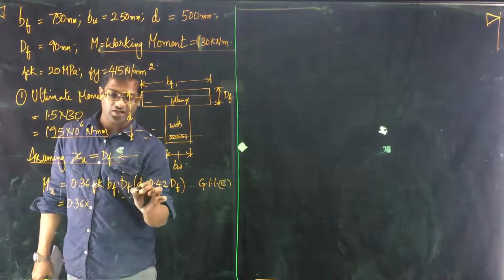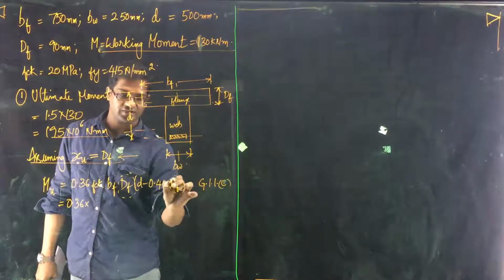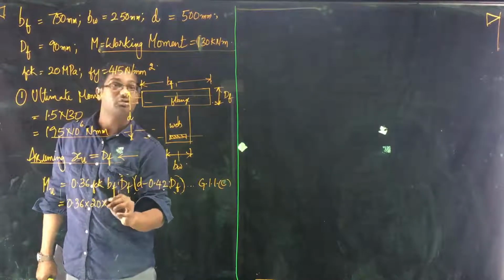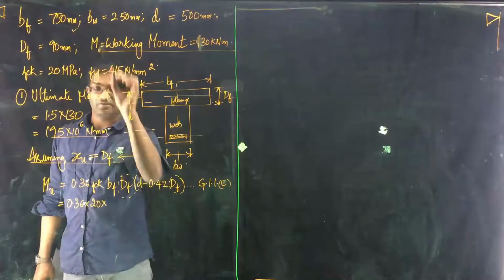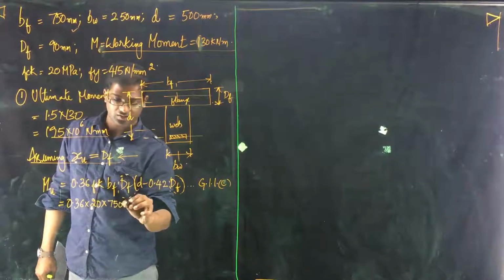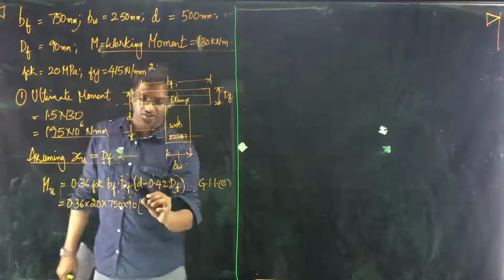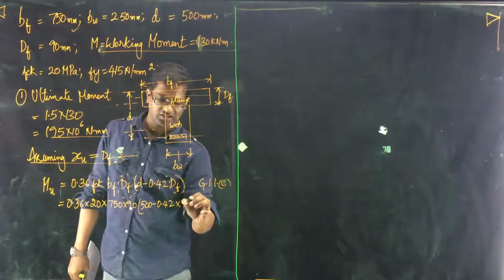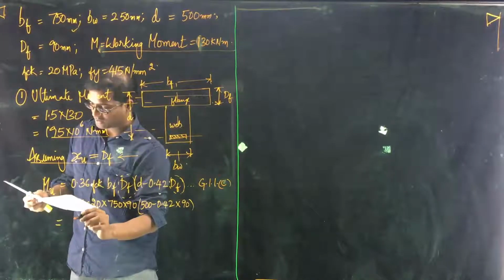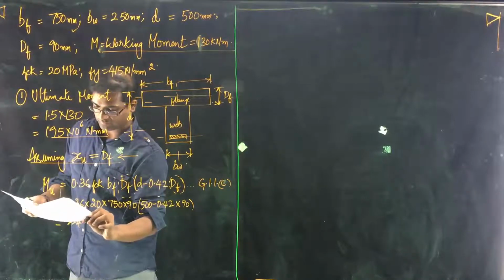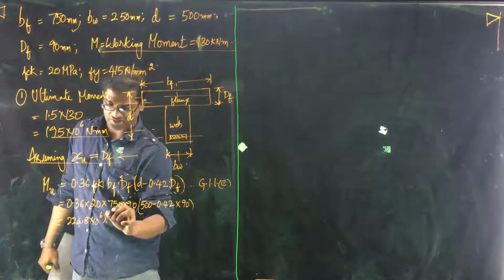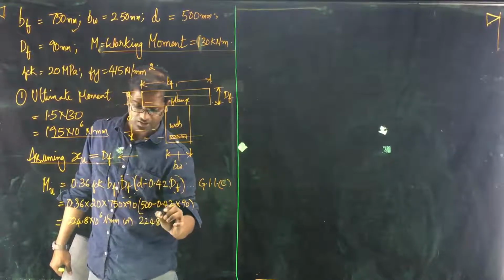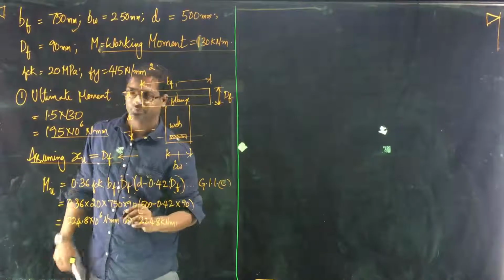Now substituting the values, this is 0.36, as we are assuming the neutral axis is within the flange, here actually XU will come. In place of XU we have substituted DF. So 0.36 into 20 into breadth of flange is 750, depth of flange is 90, into 500 minus 0.42 into depth of flange is 90. If you calculate this value, you will get 224.8 into 10 power 6 Newton mm or 224.8 kilonewton meter.